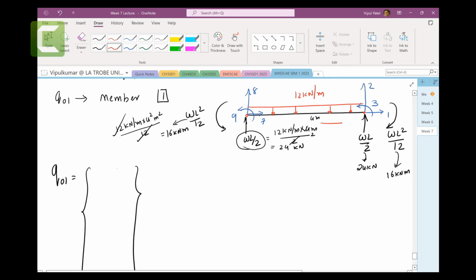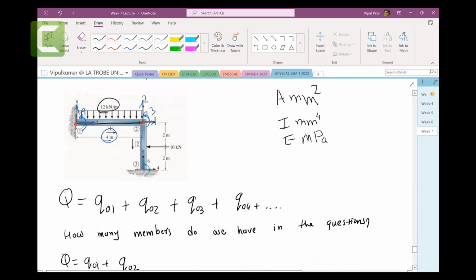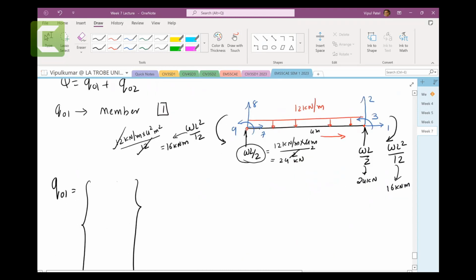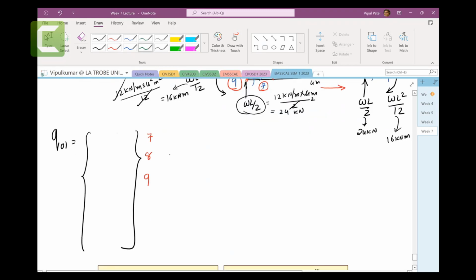Now, this arrow that is given in our question is telling me that this is your near node. This is the near node because it's the tail, and the head is the far node. So you need to look at the near node first. Near node X is 7, near node Y is 8, and near node rotation is 9. So this is your near node, and that is X, Y, and rotation.